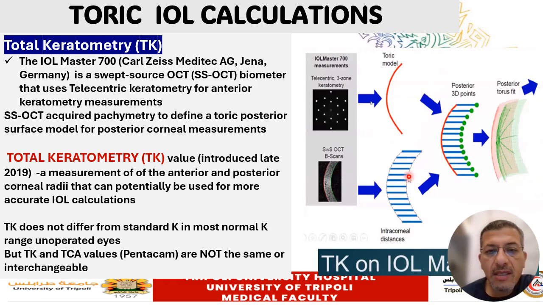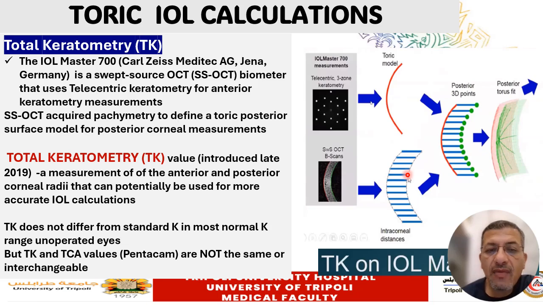Now if you ask yourself what's the difference between the TK value and the Pentacam total corneal refractive power map, that's the TCRP. The TCRP measures the anterior and posterior surface of the cornea by the method of ray tracing, and it assumes the real refractive index, that's 1.376.